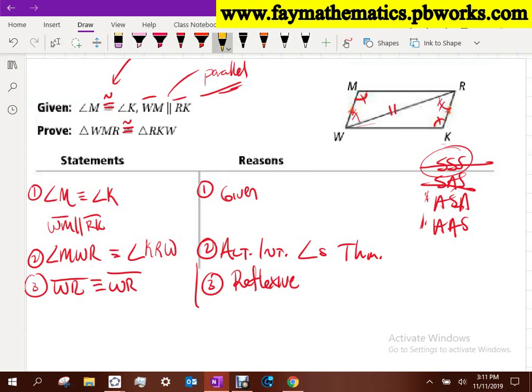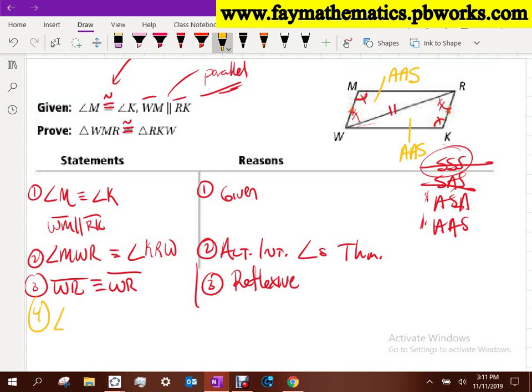How many angles do you have? In that top triangle, you have two angles, right? Is the side between those angles, or is it non-included? Non-included, right? So it's got to be at the end or at the beginning, doesn't matter. And then the same thing over here. I've got two angles, but the side is not between them. So I've got enough to say that these triangles are congruent.